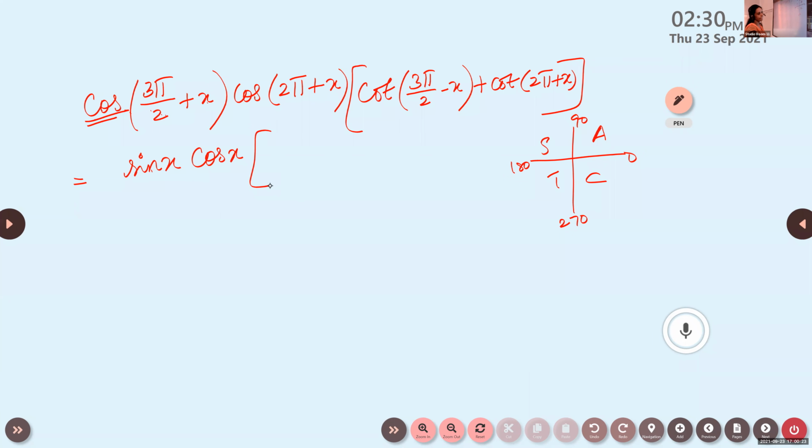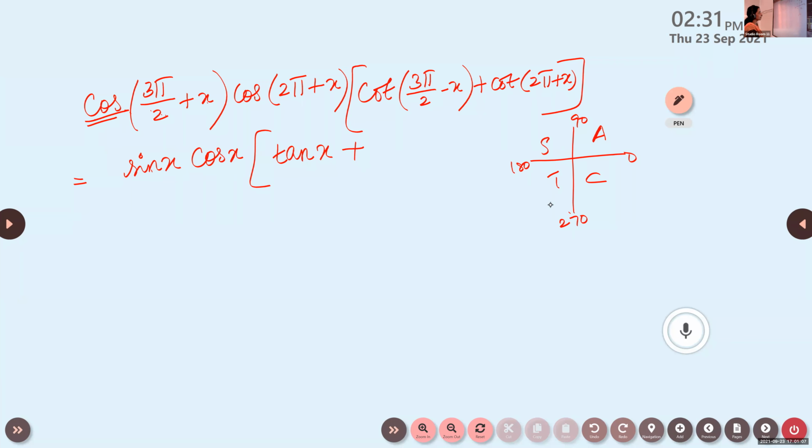Cot 3 pi by 2 minus x. Tan x. It will become tan x, plus, because cot 270 minus means it will be in the third quadrant.